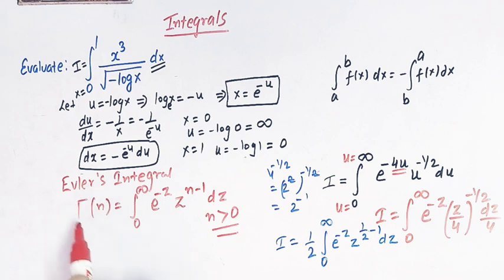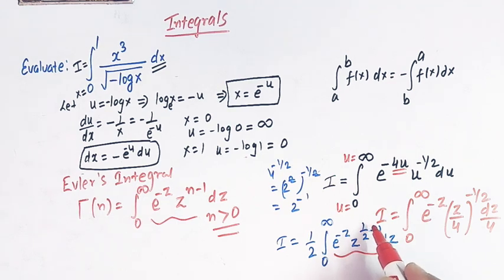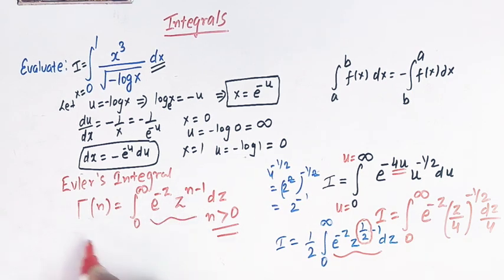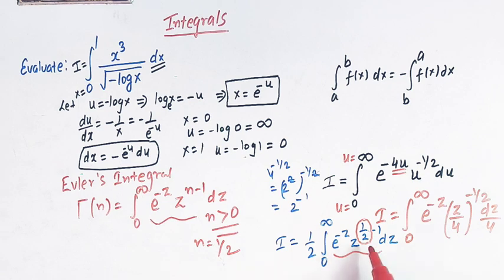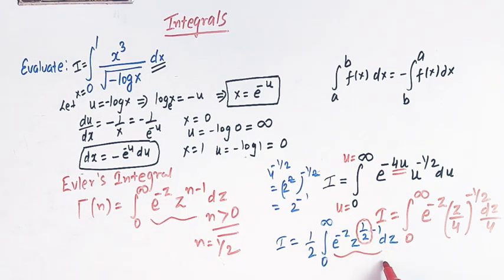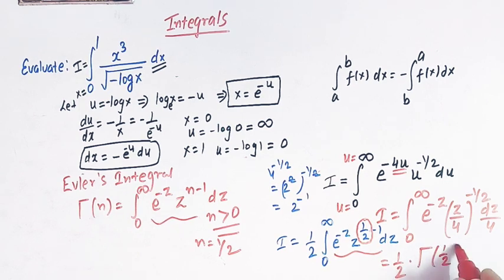So this is the famous integral, and if we compare this integral with this one, then we can easily see that here we have half, right? And the value of n is equal to half, right? So now this integral is equal to half times, and here we have n is equal to half, so this is gamma of half, right?